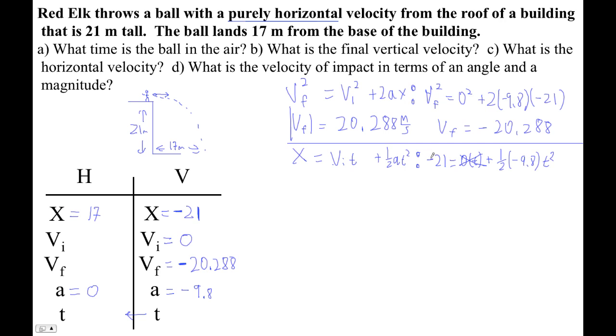So now I'm typing negative 21 in my calculator. I want to get rid of the 1/2, so I go times 2. I want to get rid of the negative 9.8, so I go divided by negative 9.8. I just typed negative 21 times 2 divided by negative 9.8, and I'm hitting enter. And I get that 4.2857 is t squared.